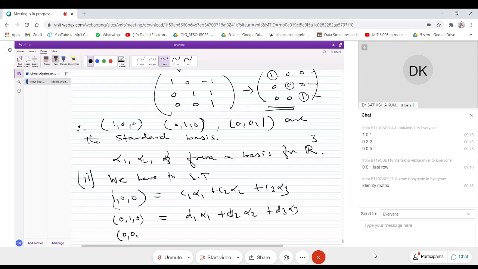Similarly 0 0 1 should be expressed as, let's say, B1 alpha 1 plus B2 alpha 2 plus B3 alpha 3. This is what we have to show. Each of these standard basis vectors 1 0 0, 0 1 0 should be expressed as a linear combination of the vectors alpha 1, alpha 2, alpha 3. That is the question we have been asked.